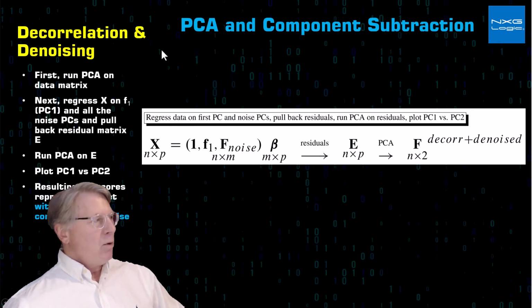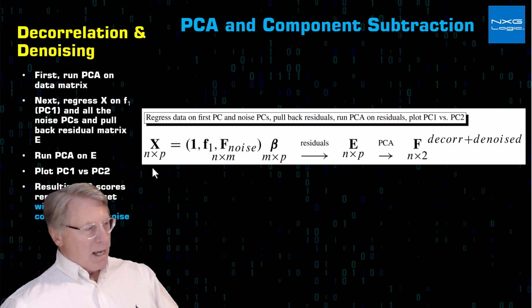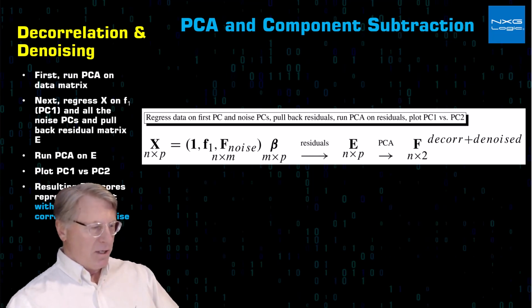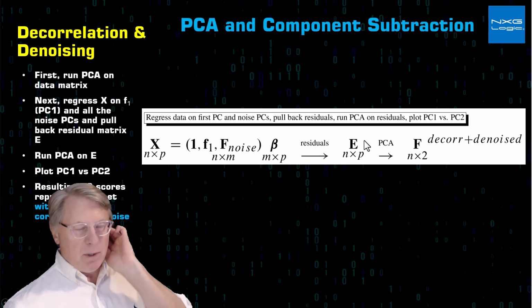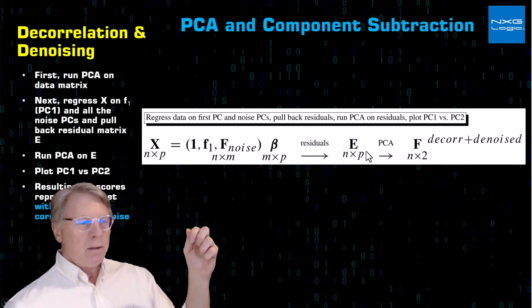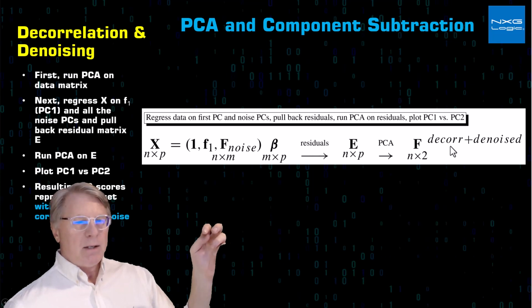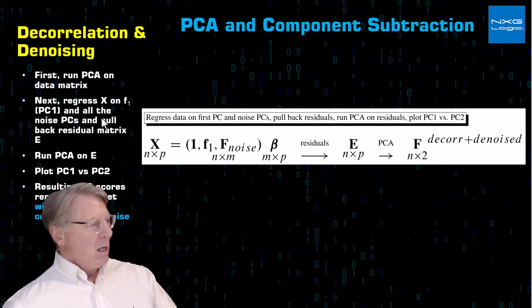Now Explorer will do both, decorrelate, remove strong correlation, and then denoise by simply running PCA on the original data set, then regressing the X data matrix on the constant term, the first principal component hinged to the strong correlation through all the variables or the features, and then the noise, the vectors, the principal components of all the noise eigenvalues, and then using the residuals, and then Explorer will run PCA on these residuals, and that's called decor-denoise, hence DCDN.